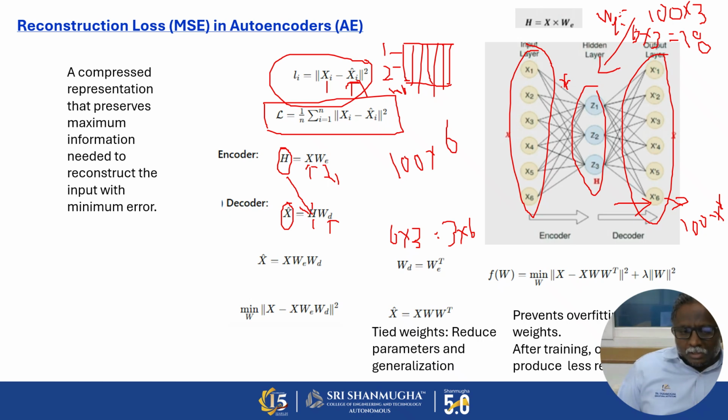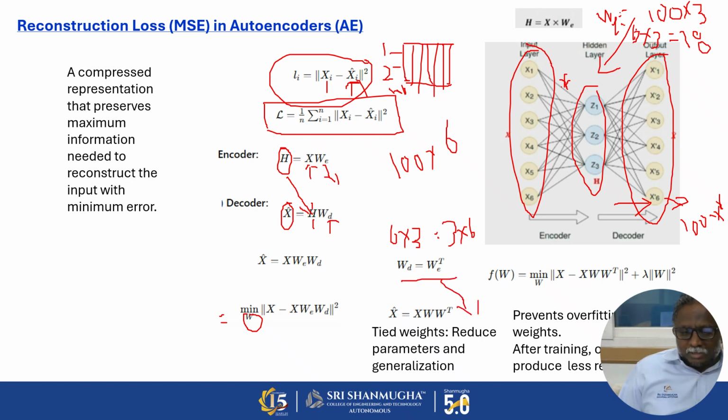The objective function is to reduce the reconstruction error. How can we reduce it? By optimizing the weights. If you optimize the weights, you will be able to reduce the reconstruction error.